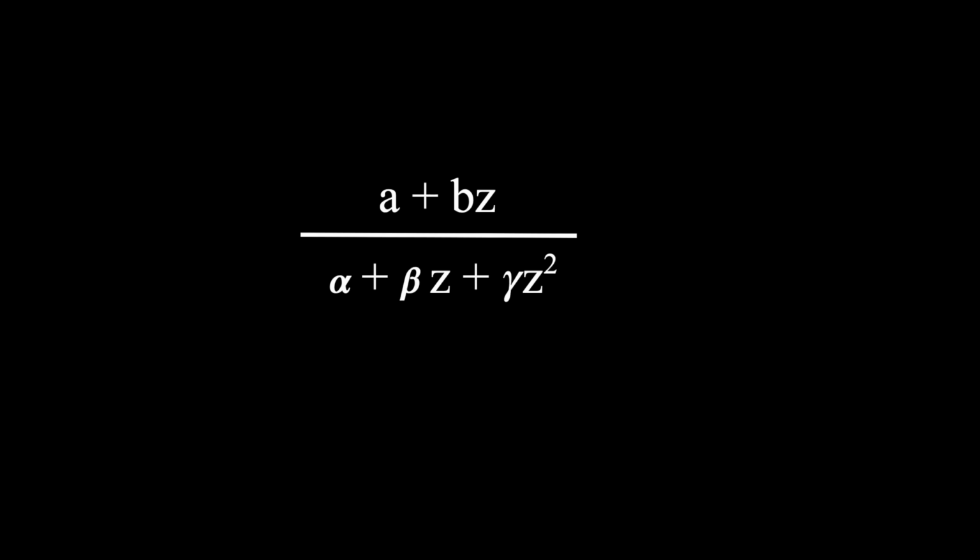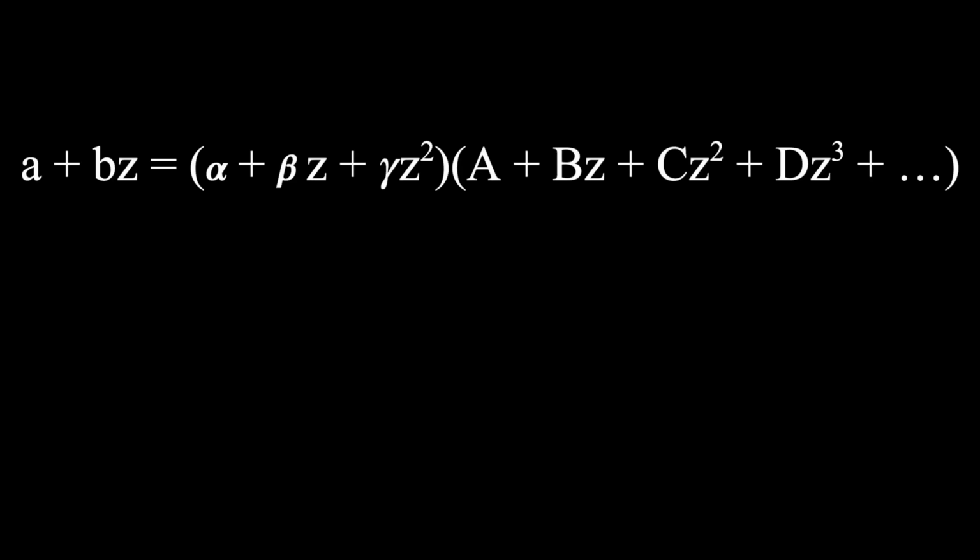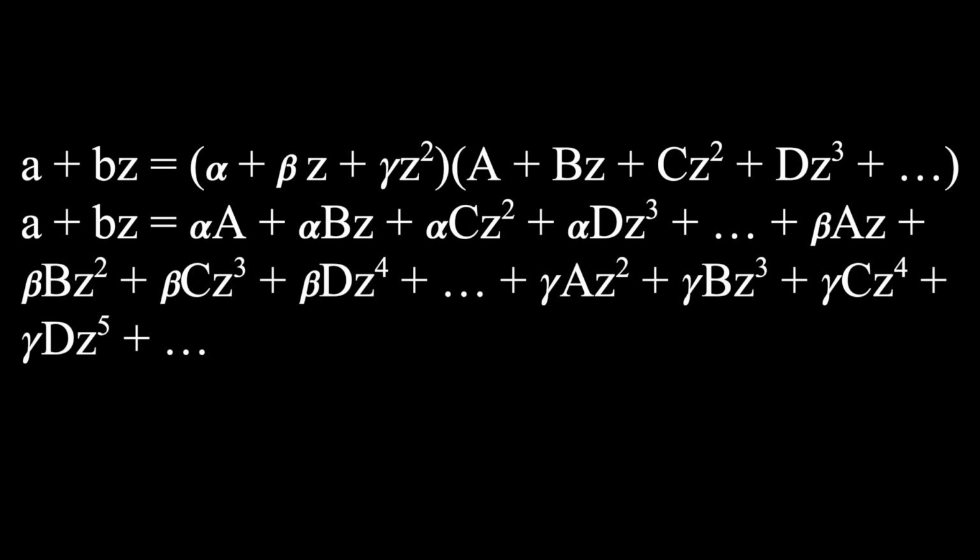Like last time, Euler says, let's set this equal to an infinite series A plus Bz plus Cz squared plus Dz cubed, etc. Then once again, he cross multiplies to get a plus bz equals alpha plus beta z plus gamma z squared times A plus Bz plus Cz squared, etc., which he multiplies out to alpha A plus alpha Bz plus alpha Cz squared, and so on, plus beta Az plus beta Bz squared plus beta Cz cubed, and so on, plus gamma Az squared plus gamma Bz cubed plus gamma Cz to the fourth, and so on.